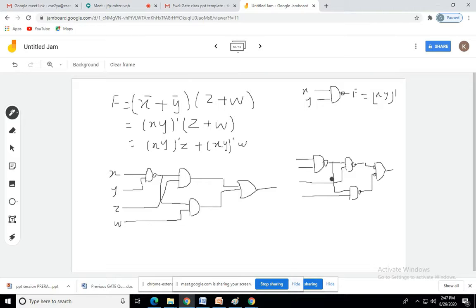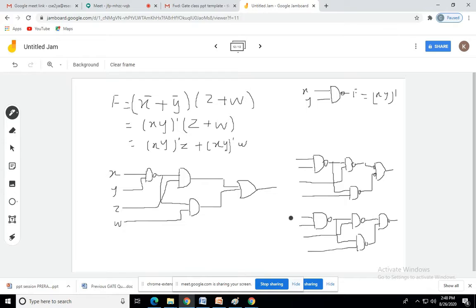Now convert this inverted-input OR gate to a NAND gate, because both symbols are the same.